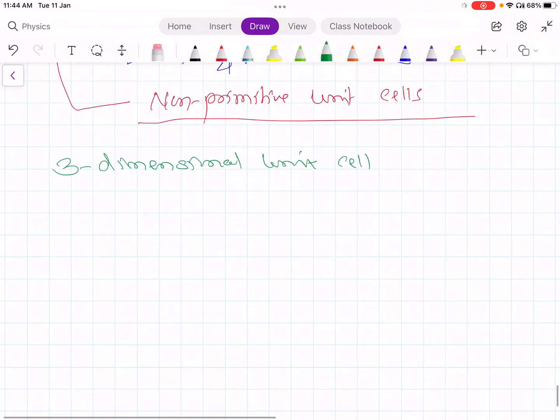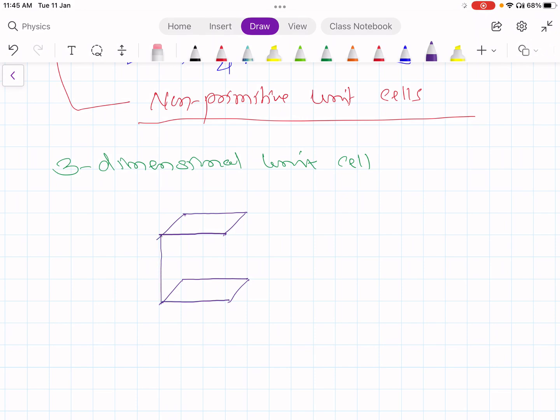I am drawing a three-dimensional unit cell. So this is a three-dimensional unit cell.